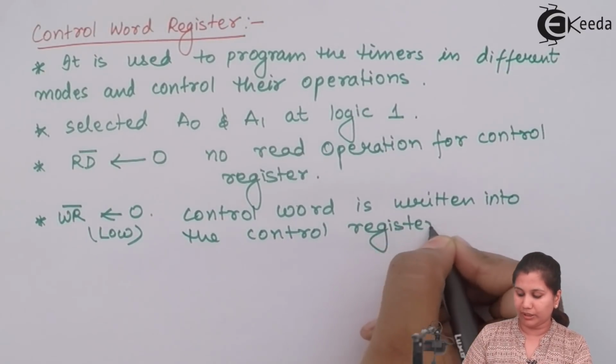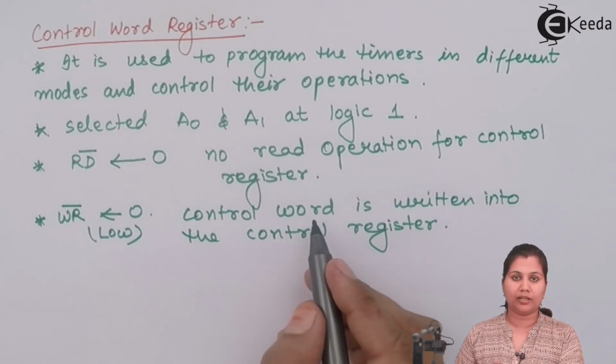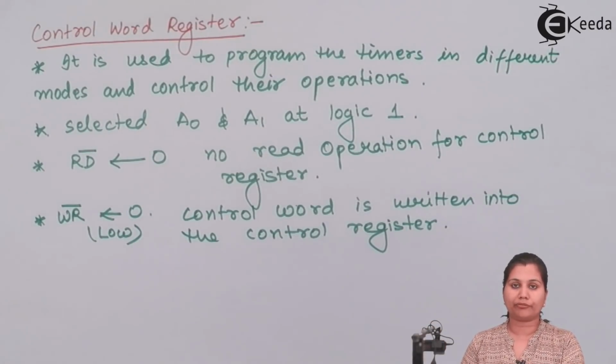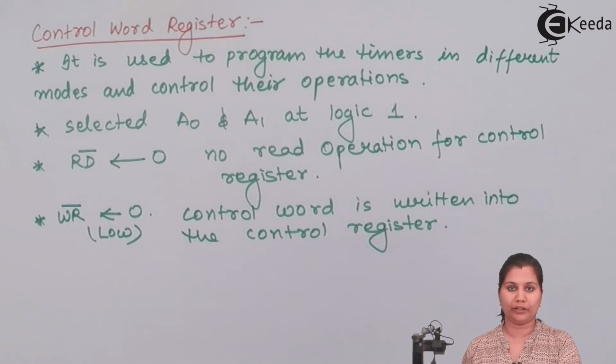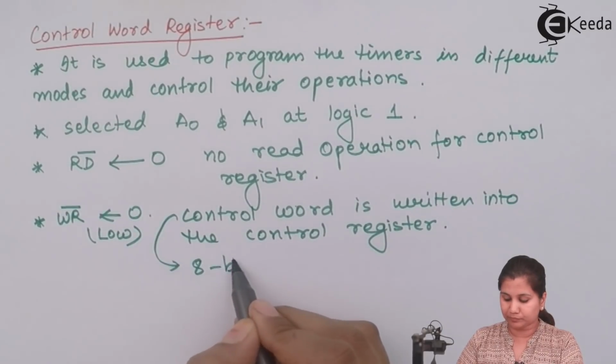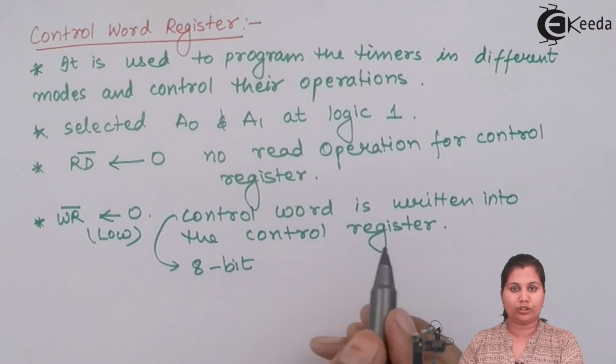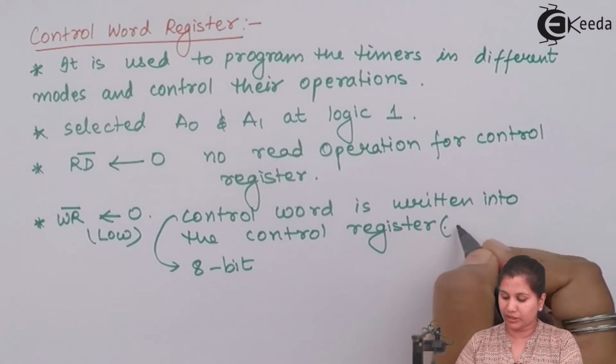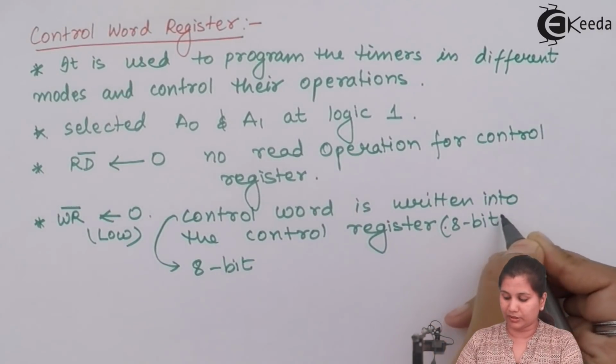Now this control word is an 8-bit word because the data bus of the microprocessor is an 8-bit data bus. So 8-bit data is going to be written. So the control word will be an 8-bit word and it will be written into the control register. So the control register will be an 8-bit register.